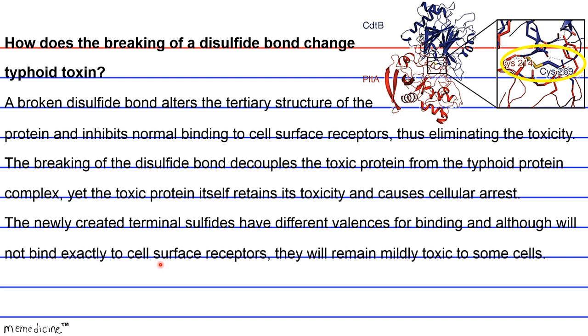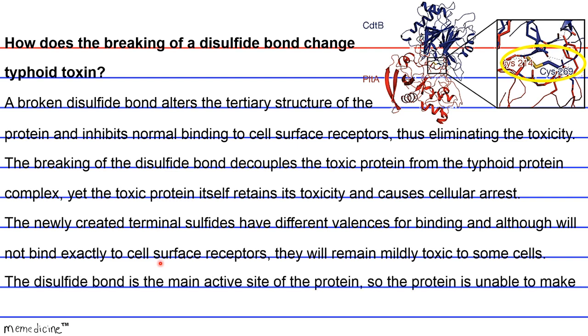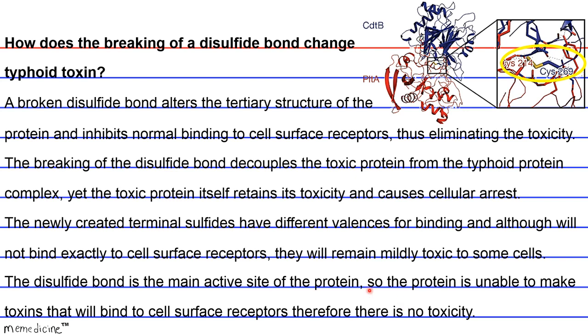This is like a whole other passage. And last but not least, D, the disulfide bond is the main active site of the protein, so the protein is unable to make toxins that will bind to cell surface receptors. Therefore, there is no toxicity.